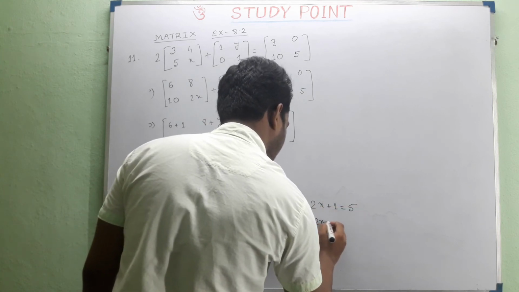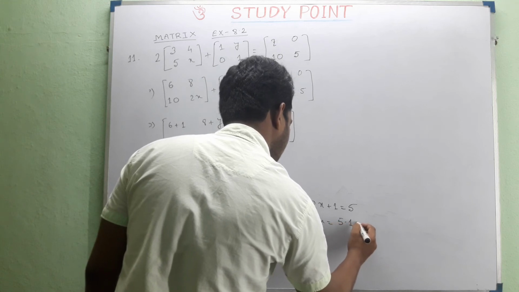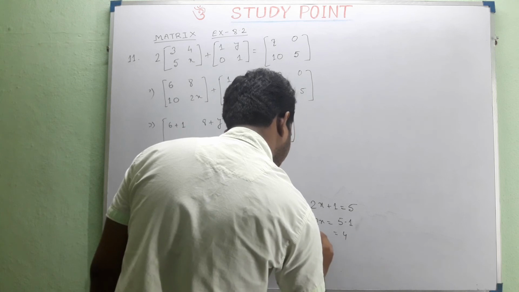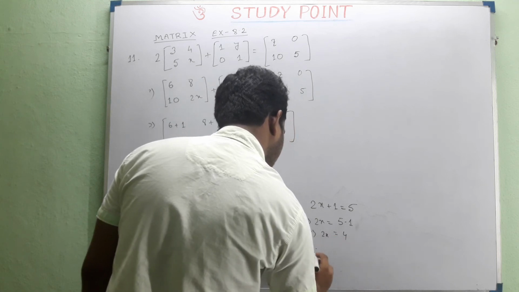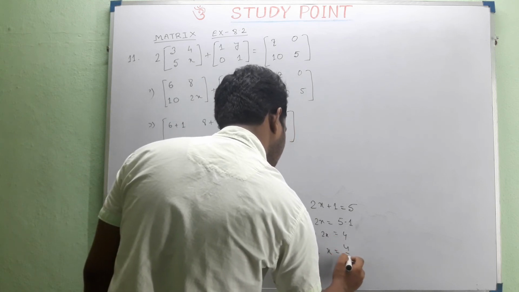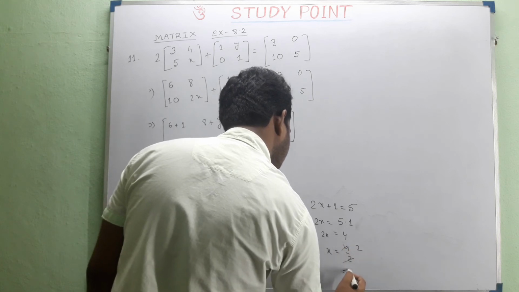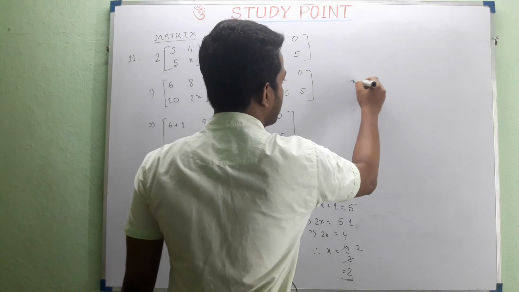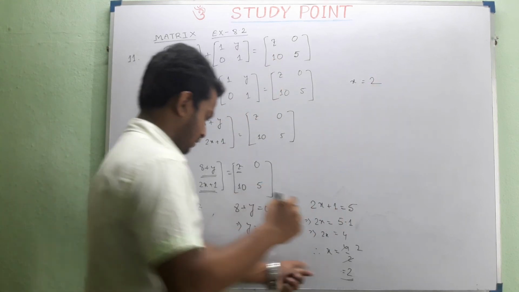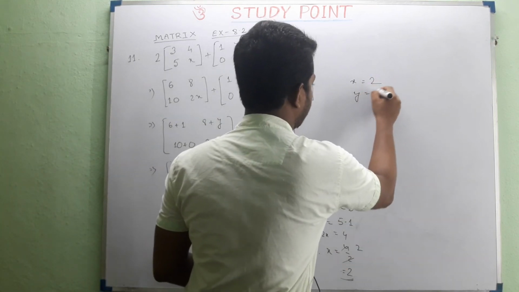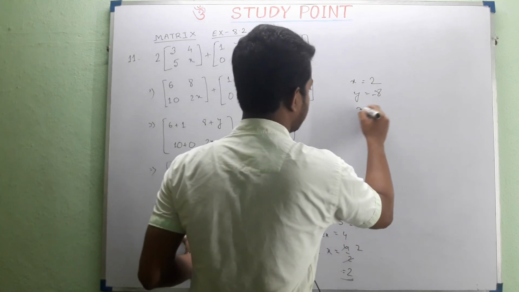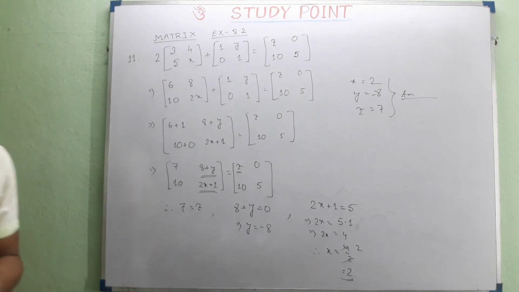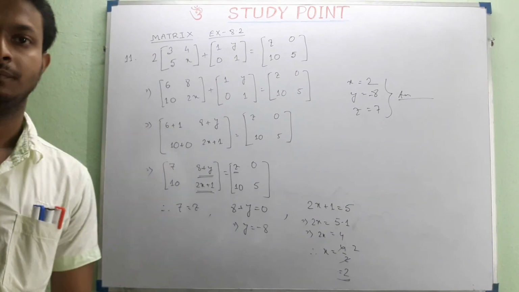So by solving, 2x equals 4, therefore x equals 4 by 2, that is 2. Now what are the values of x, y and z? The value of x is 2, y is minus 8 and z is 7. This is the answer of question number 11.